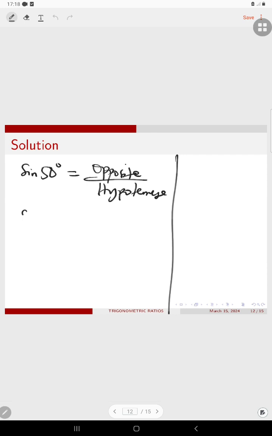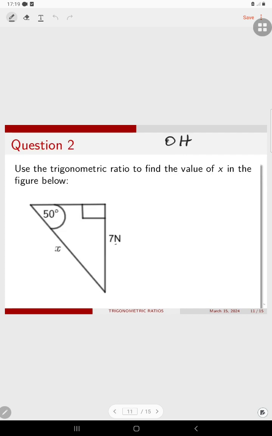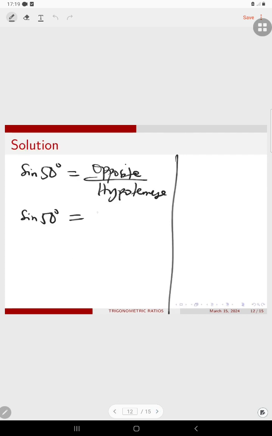So sine 50 degrees is equal to 7 over x, right? Then according to our calculator, sine 50 is 0.76604 to 5 decimal places. You can continue like that, but I'm writing for that.